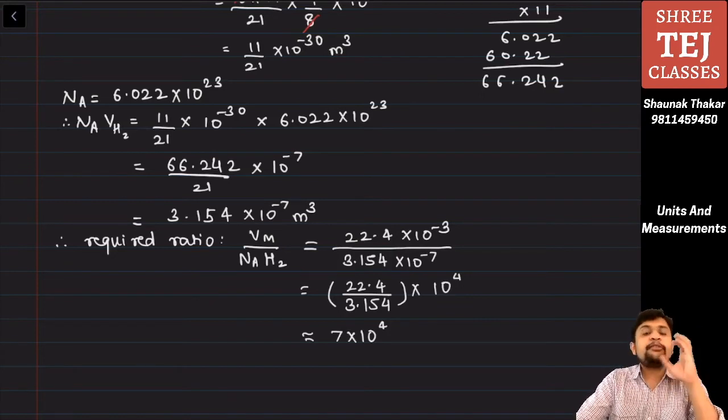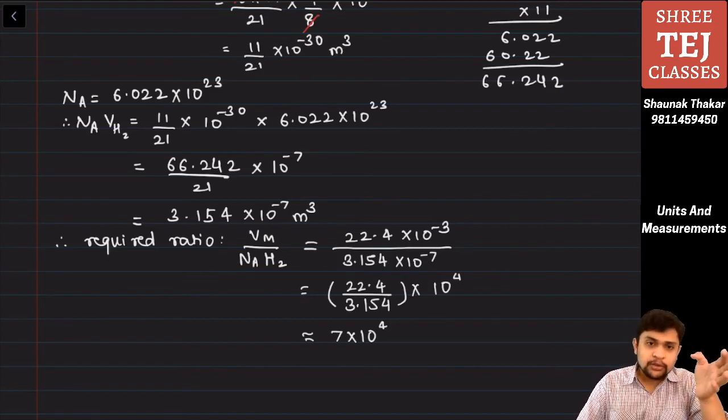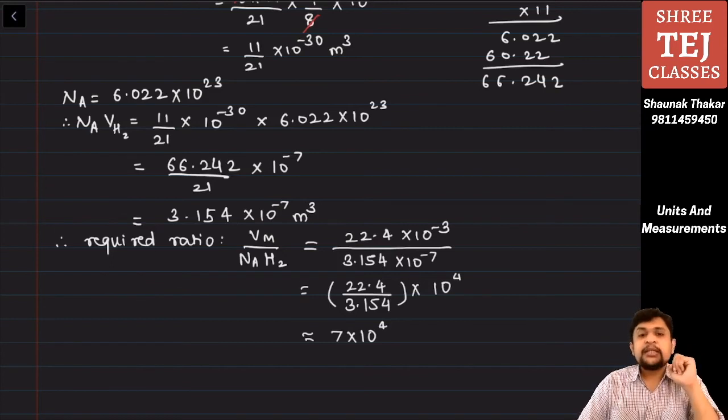Now you may wonder, why is there so much difference? If we had done this for, let's say, a solid like iron, there would not be such a huge difference. But as you all know, hydrogen is a gas at room temperature and pressure.